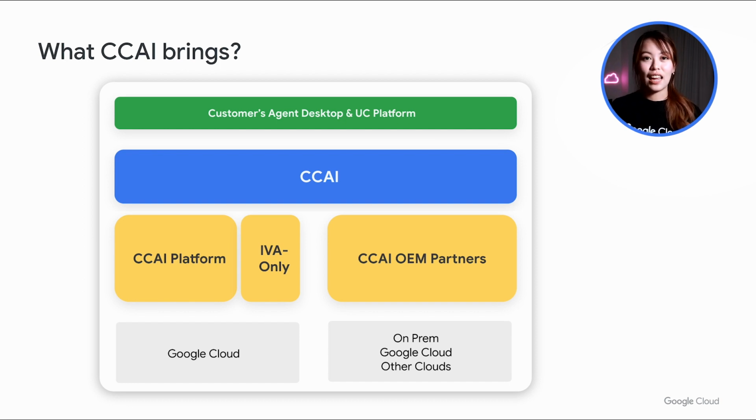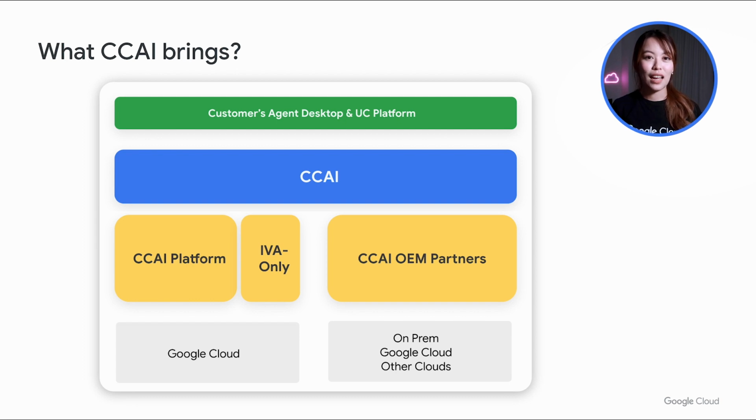Customers can choose CCAI platform for contact center as a service in our cloud or continue with their existing investment in their call center software like Genesys, Avaya, NICE, and Cisco, and so on. Today, with our new CCAI platform, we give customers the choice to use CCAI either from Google Cloud or from our partner.